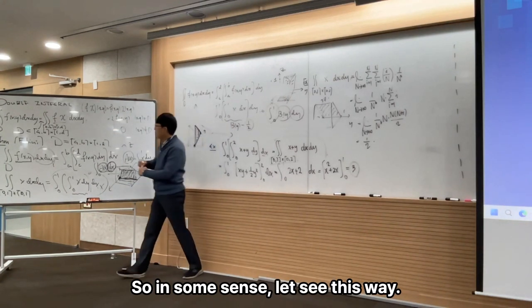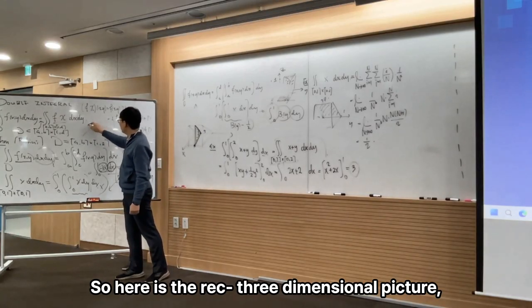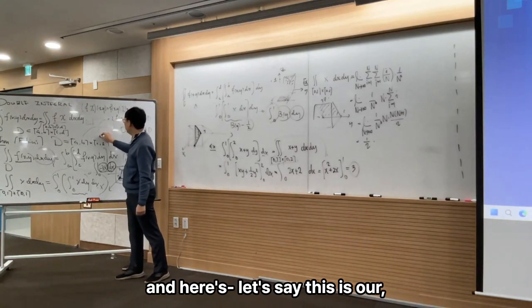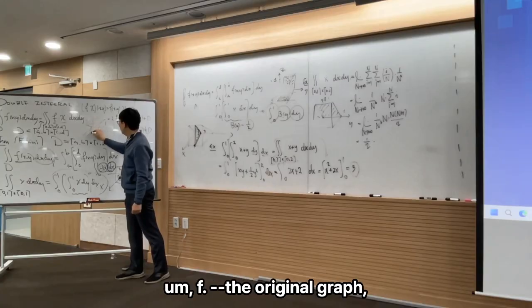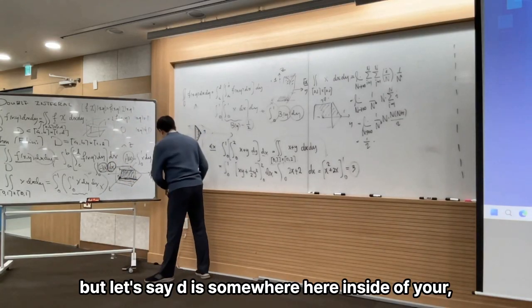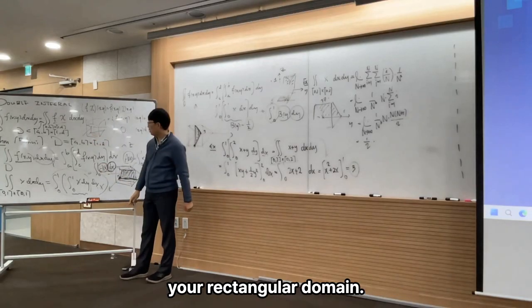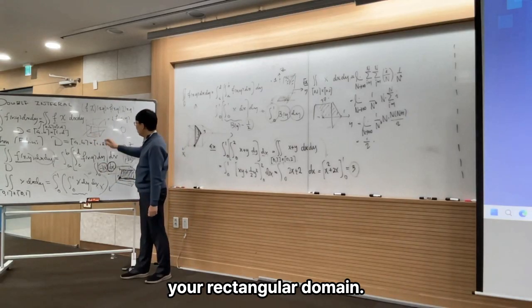So in some sense, let's see it this way. Here is the three-dimensional picture, and this is the original graph, but let's say D is somewhere inside your rectangular domain.